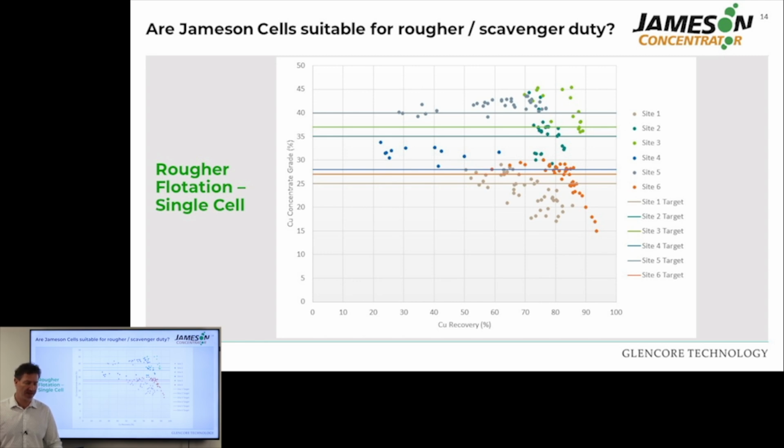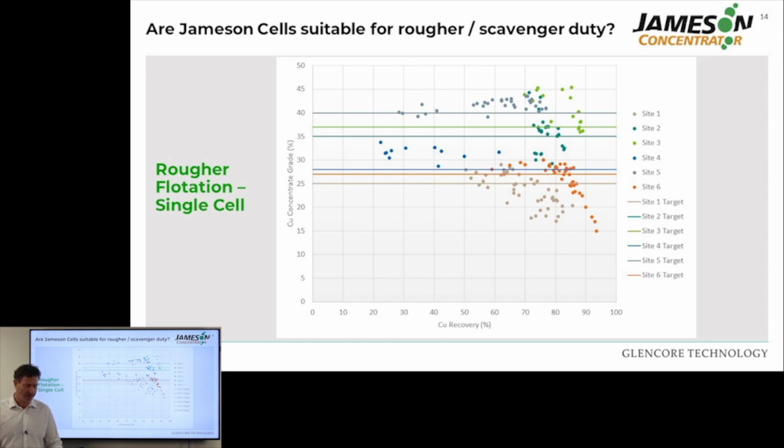So you can see that we managed to obtain final grade concentrate basically above target at usually 60, 70, even at 80% recovery. And these are all Jameson cells on a rougher feed.